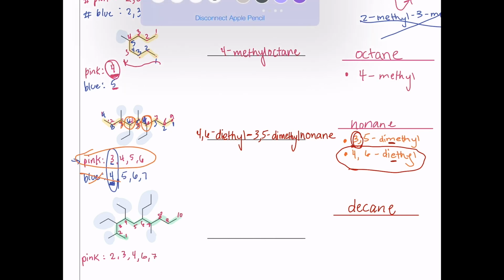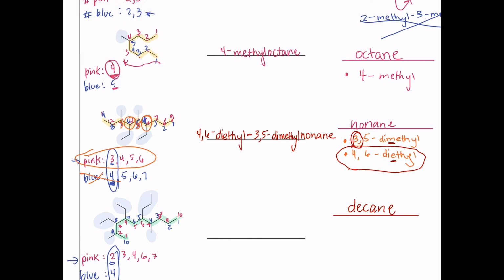Or I could do it the blue way, which would be 1, 2, 3, 4, 5, 6, 7, 8, 9, 10, which would give me substituents at 4. Well, automatically you can see based on the first point of difference, the pink is going to be the better way because blue is 4 versus pink, which has the substituent listed at 2. So we're going to go with the pink numbering system.